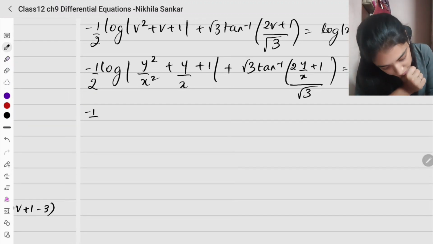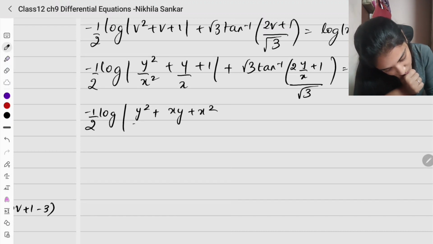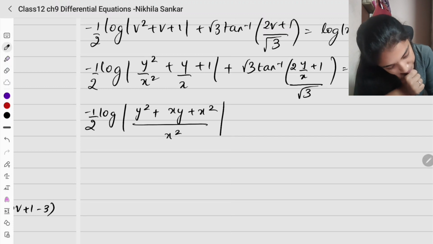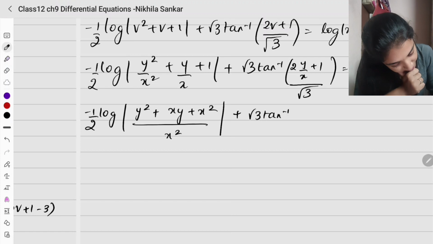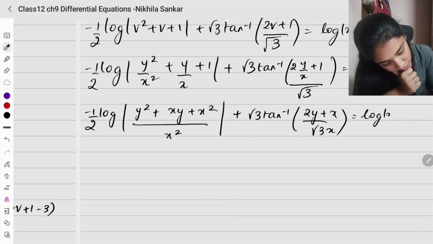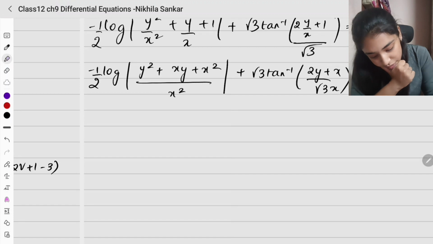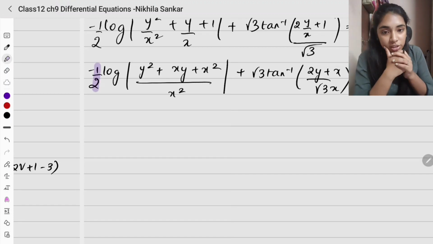Okay, so now LCM at the half log of y square plus xy plus x square the whole divided by x square plus root 3 tan inverse of 2y plus x divided by root 3x equals log mod x plus c. So in that, since I have a half here, I'm going to take this half to the power.